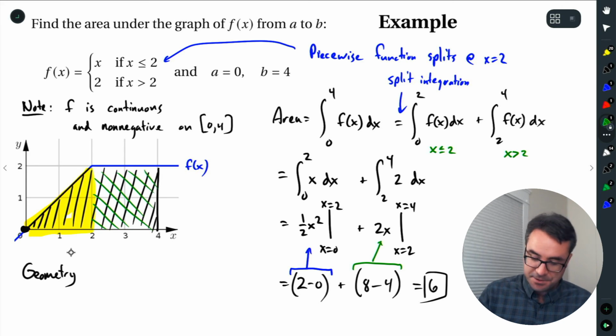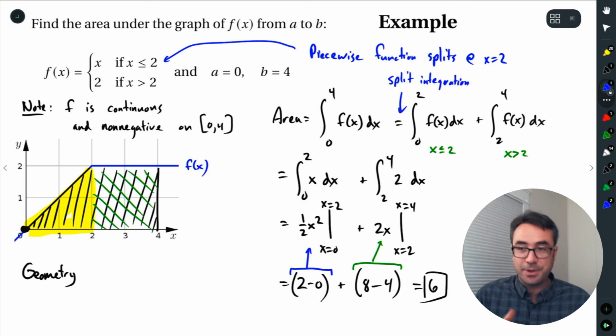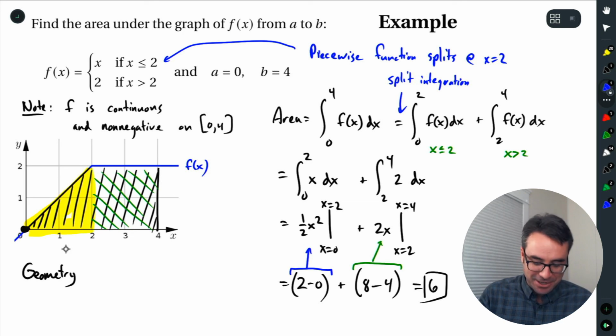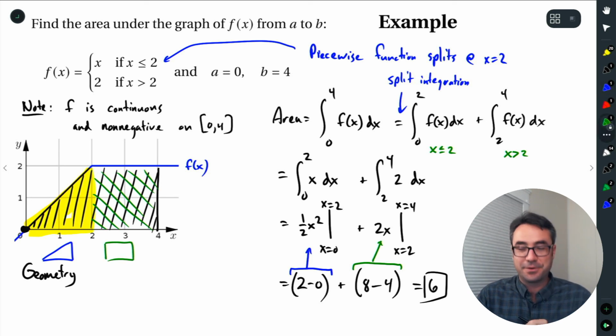So we have this triangular region here. I can draw a triangle here. And then we have a square over here, a rectangular region over here. We can calculate the area of those. So what's the area of this square?